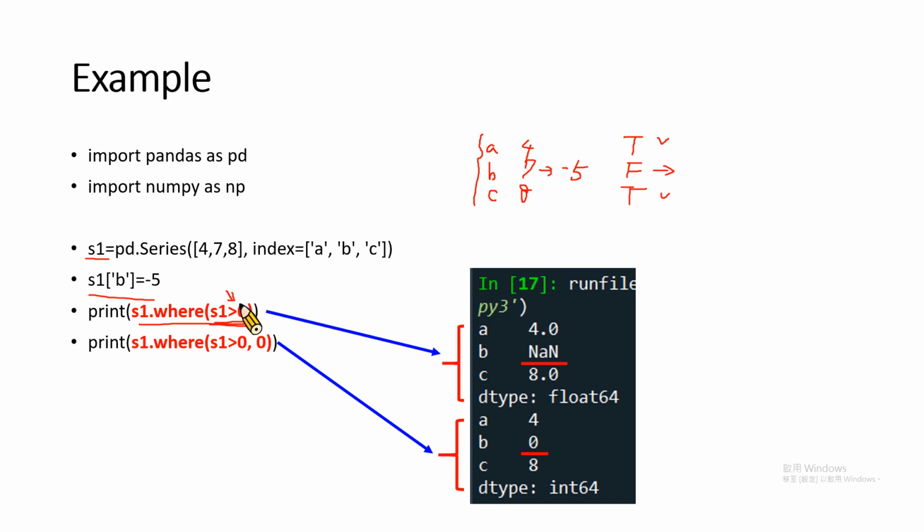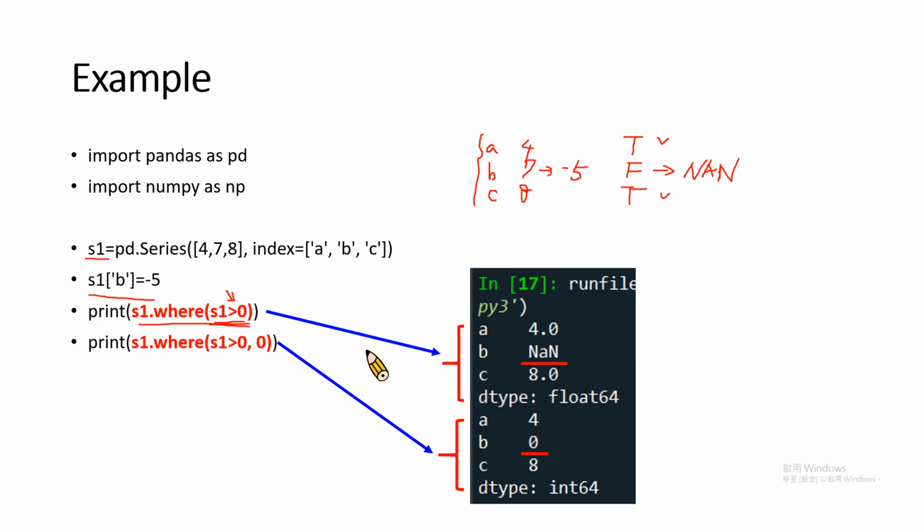So Python will fill the value with NaN, which means the value of this element is not a number. For the others, because the result of the condition test is true, their values will remain the same.